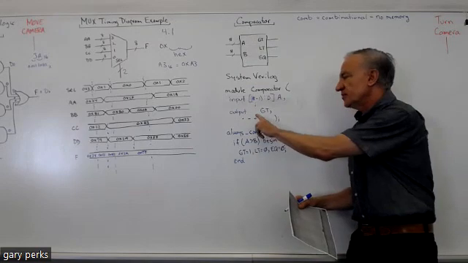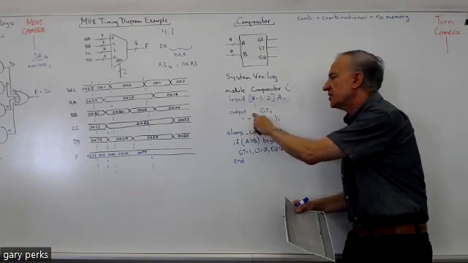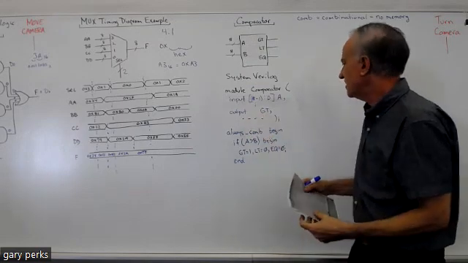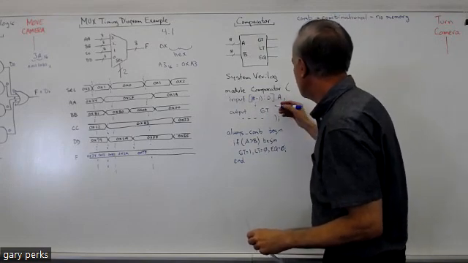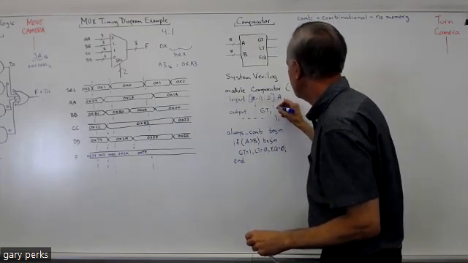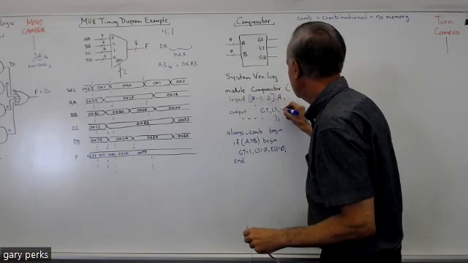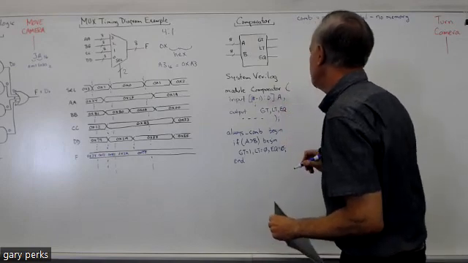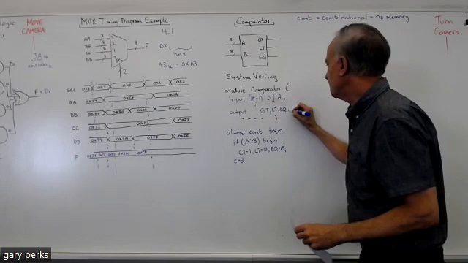Now here's where we're going to go back to the outputs here. In fact, I only put one output, but let's put all of them. They're all single bits, so I'd have GT, LT, and EQ. And then I'd have a comma.